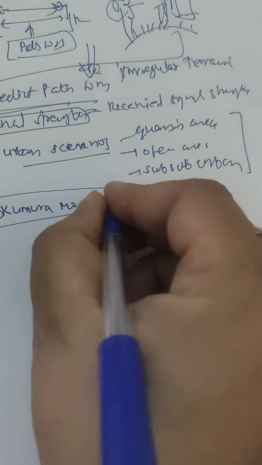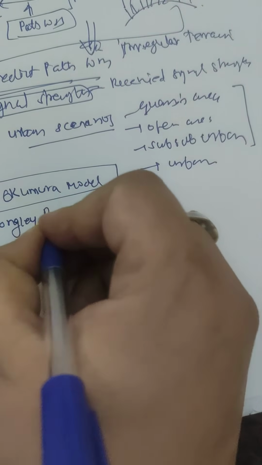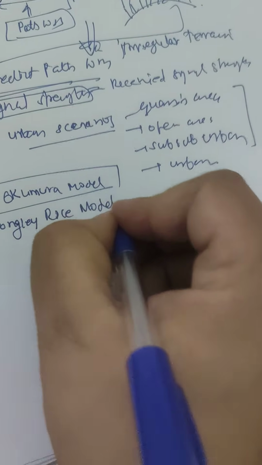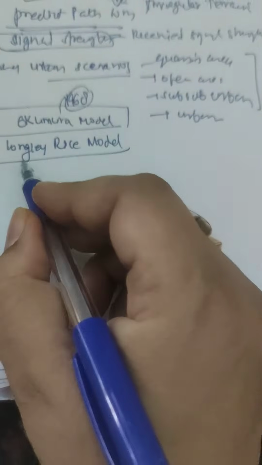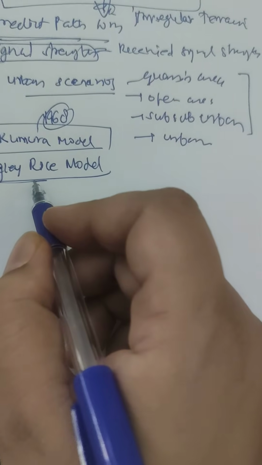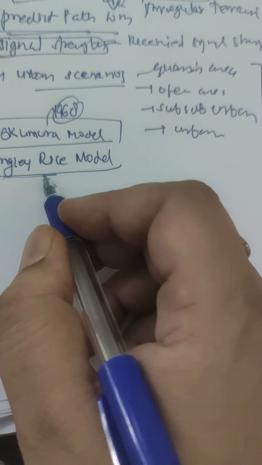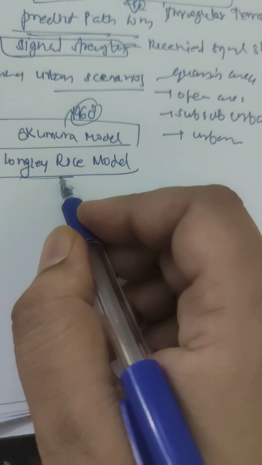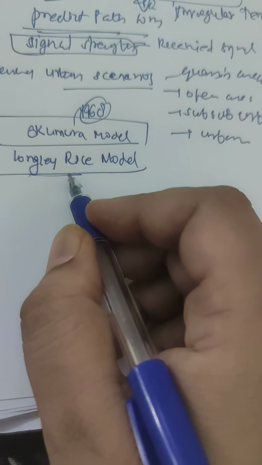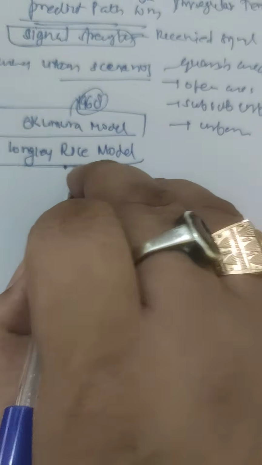Before this model, the first model was called the Longley-Rice model. The Okumura model was given in 1968, and the Longley-Rice model applies to a specific point area, called the sector. The method is very widely used because of its complexity and accuracy.